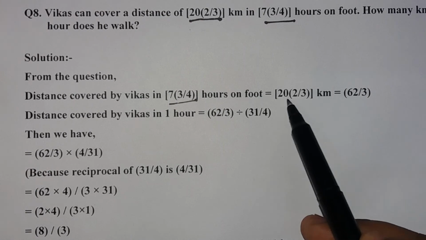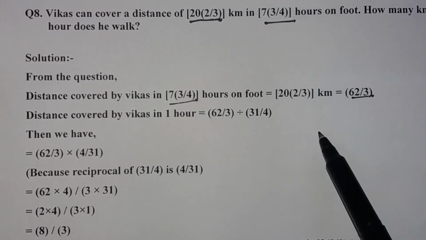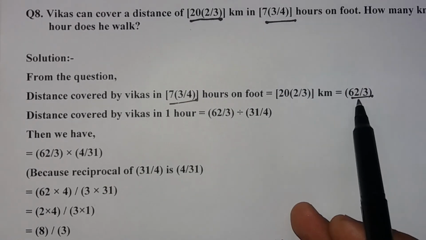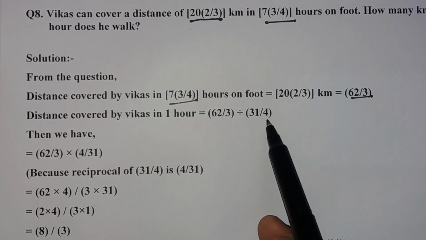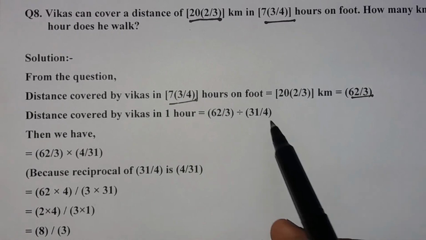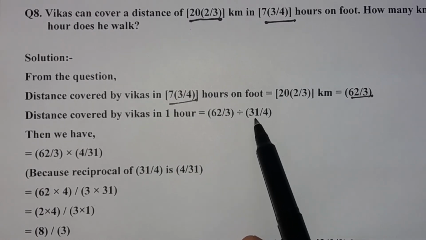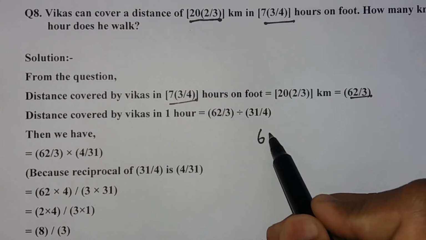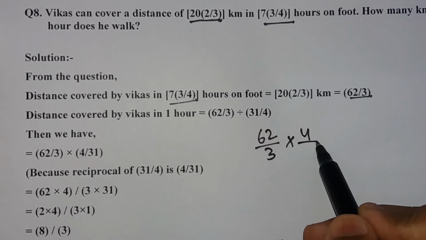Here 3 into 20 is 60, 60 plus 2 is 62 upon 3. The distance covered by Vikas in 1 hour is 62 upon 3 divided by 31 upon 4. Here 4 into 7 plus 3 is 31, so 31 upon 4. Taking the reciprocal, it becomes 4 upon 31. That means 62 upon 3 into 4 upon 31.